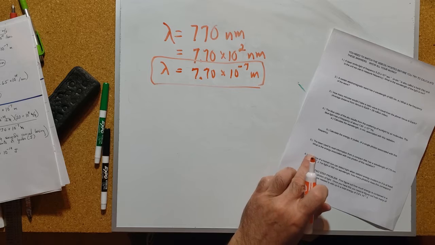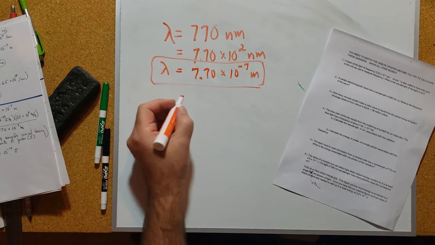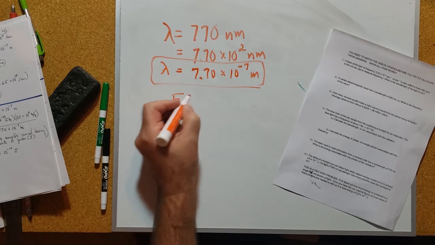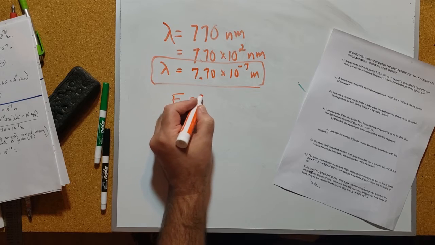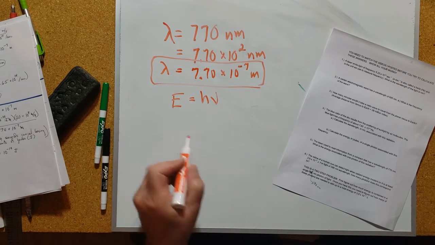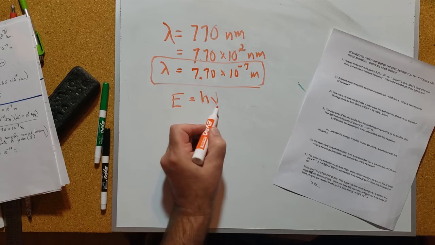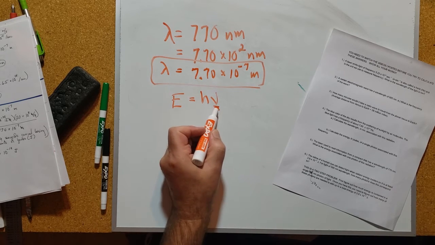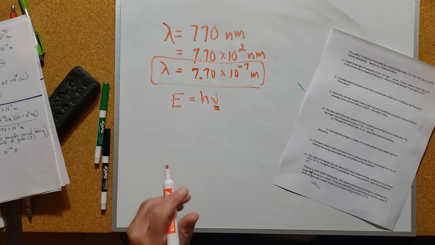Now, we're asked here to compute the energy. Energy equals h nu. This is the equation that allows you to compute energy based on the frequency. But I don't know the frequency. I know the wavelength.